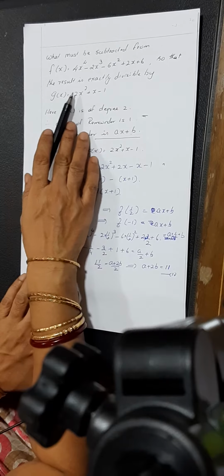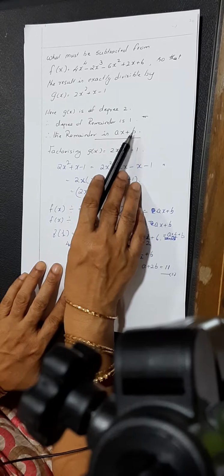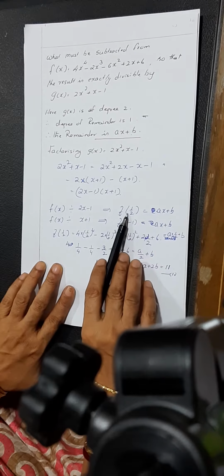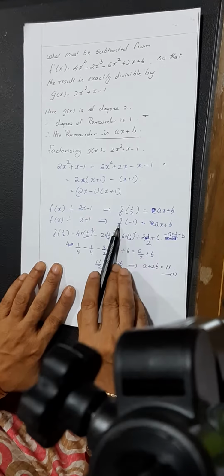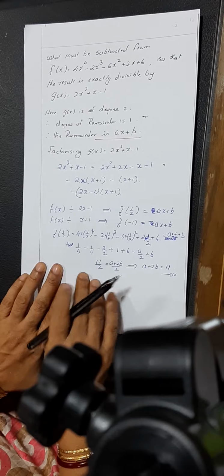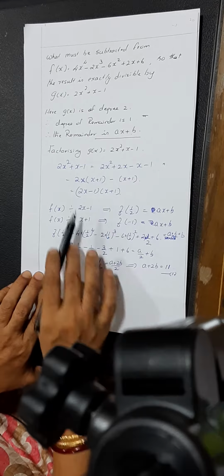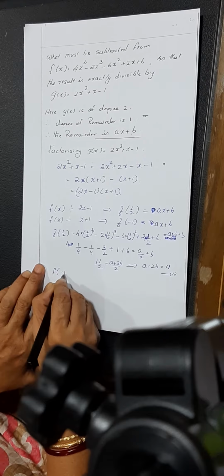Here it is not exactly divisible as of now. You are getting a remainder of ax plus b. So, we have to put f of half equal to ax plus b, and f of minus 1 also equal to ax plus b. Now we will do f of minus 1.